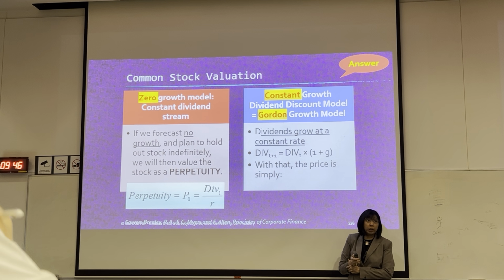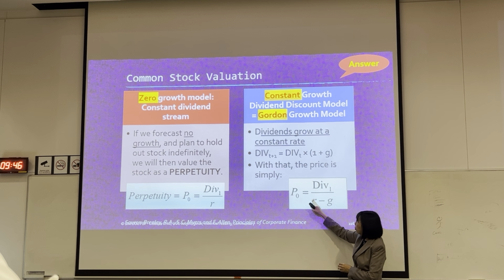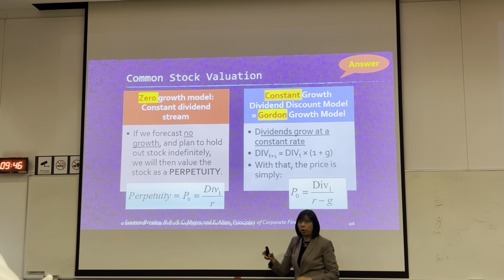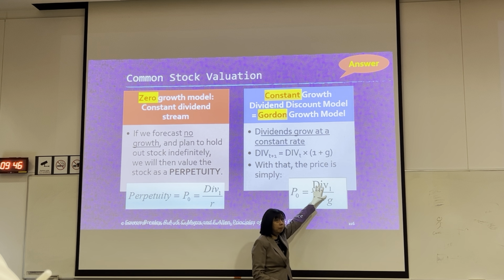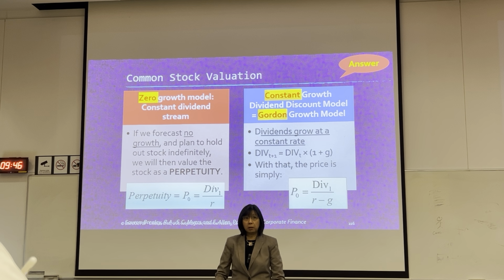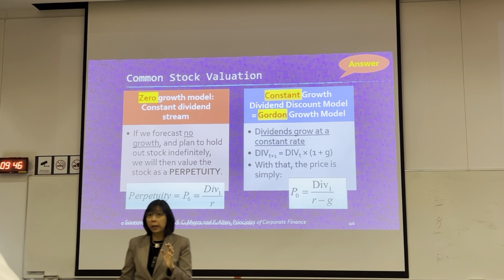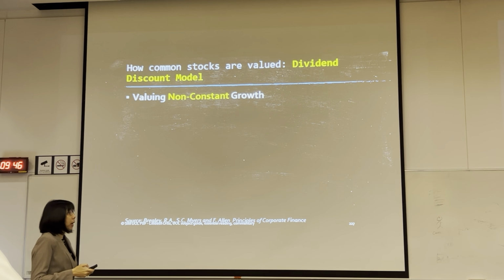And the shortcut for that is the price of such a stock will equal dividend divided by the discount rate minus the growth rate. And this is called the Gordon growth model. Okay. So this assumes the stock pays dividend, and this assumes the discount rate is greater than the growth rate. Otherwise, this whole equation will be negative and it won't work. Right? There's no negative stock price.